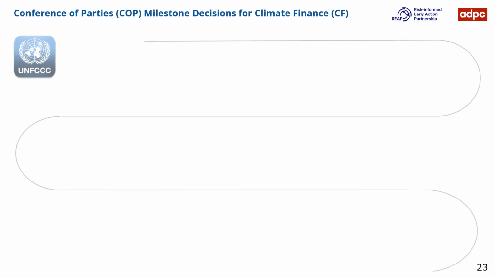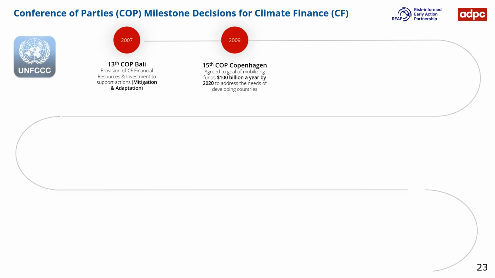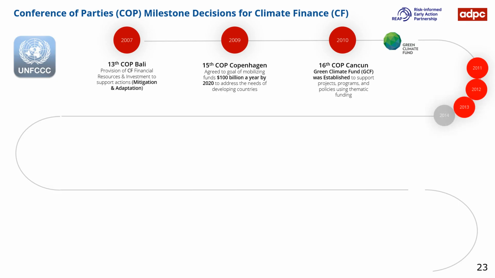This slide shows how climate finance has evolved through COP decisions. At COP13 in Bali, climate finance gained prominence through discussions on financial resources and investment for mitigation and adaptation. At COP15 in Copenhagen, developed countries agreed to mobilize $100 billion per year by 2020. At COP16 in Cancun, the Green Climate Fund was established.